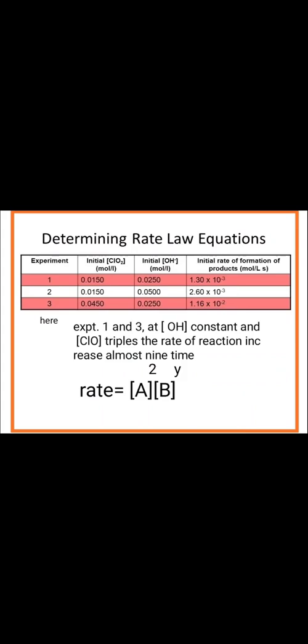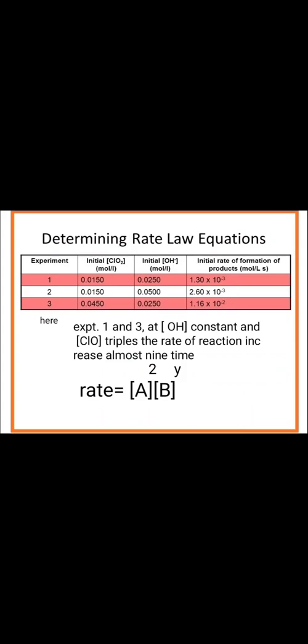See the experimental data. In the first column, the concentration of ClO2; in the second column, the concentration of OH minus is given; and in the third, the rate of the reaction for that setup. In the first setup, 0.0150 is the concentration of ClO2, that of OH minus is 0.050, and the rate is 1.30 into 10 raised to minus 3.